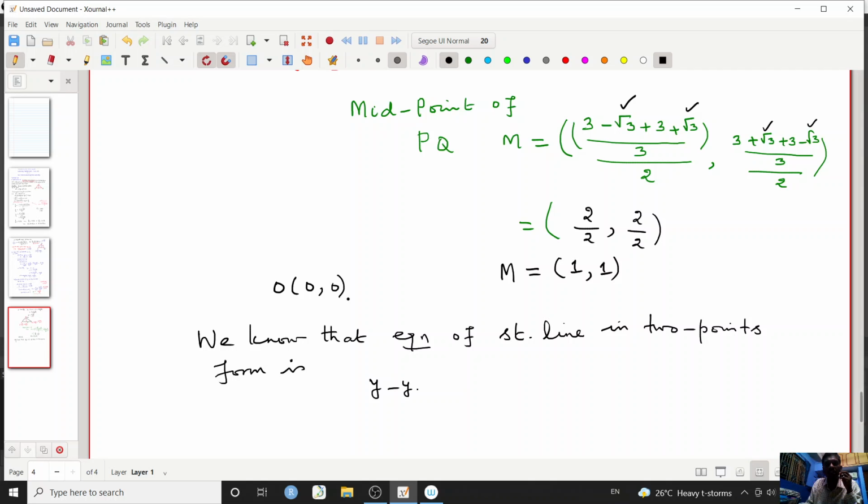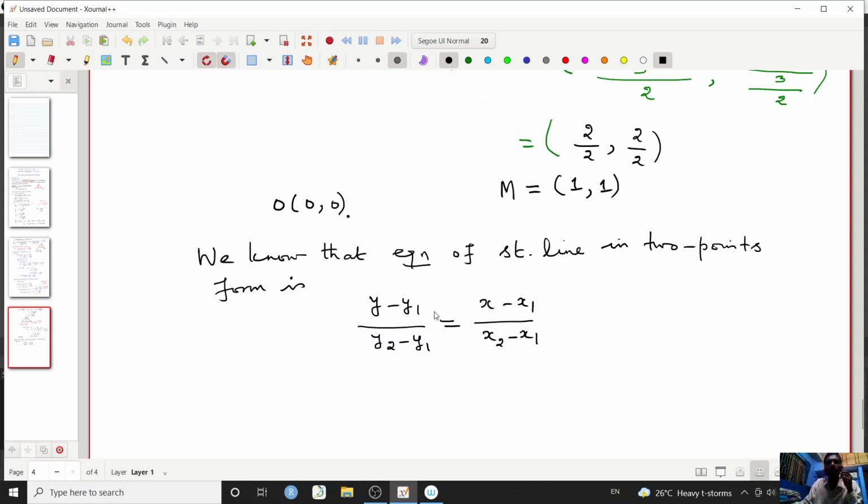(y minus y1) by (y2 minus y1) is equal to (x minus x1) by (x2 minus x1). So this is the equation. Now we have 2 points here. You can take this to be x1 and y1, and here x2 and y2.